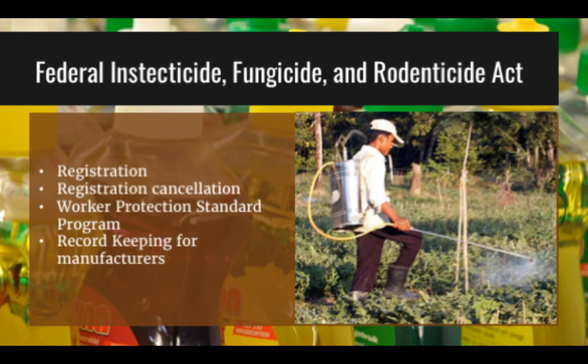When a pesticide is to be registered, data showing its impact are submitted to the EPA. The EPA will register the pesticide when 4 factors exist. 1. The pesticide's composition is such as to warrant the proposed claims for it. 2. The labeling complies with the Act. 3.